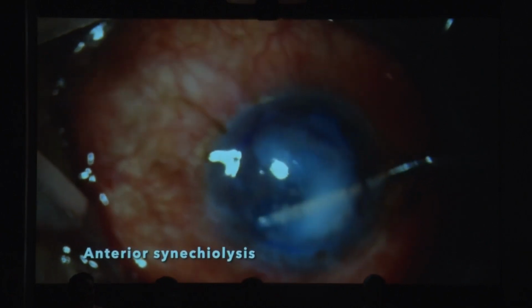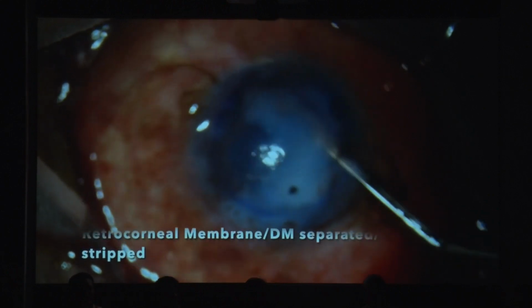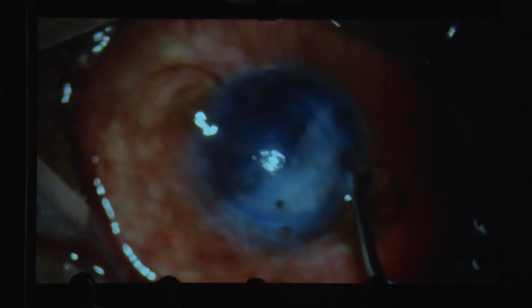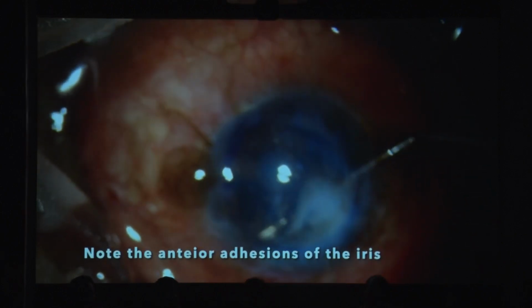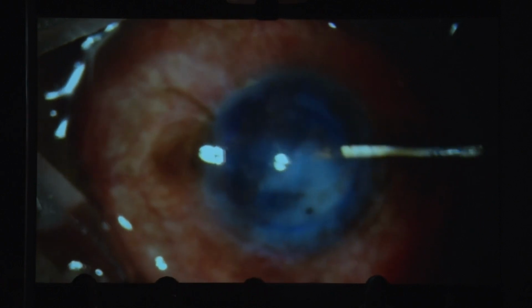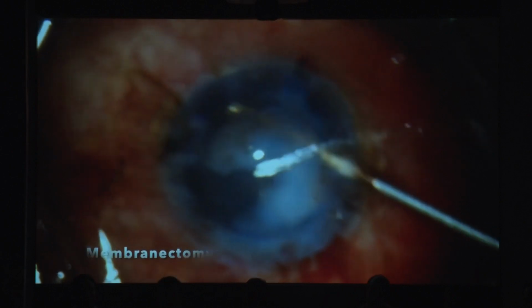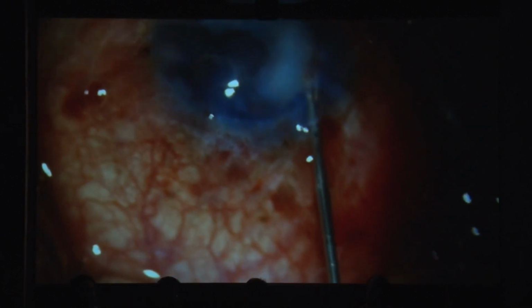Anterior synechiolysis was done using an iris repositor. You can see using this repositor only, the retrocorneal membrane was stripped. One has to be very patient over here as you can see the anterior adhesions of the iris. Membranectomy was done then using micro scissors from various ports that were made.